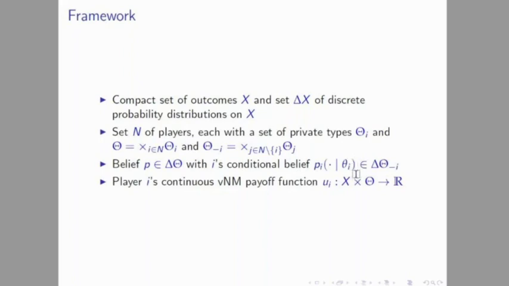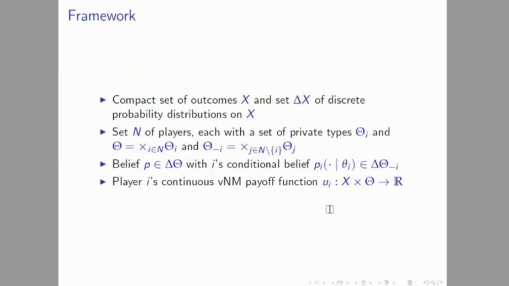So there is a compact set of outcomes and a set of probability distributions over this set of physical outcomes. These are the objects that the agents are interested in. So there is a set of agents, a finite set.